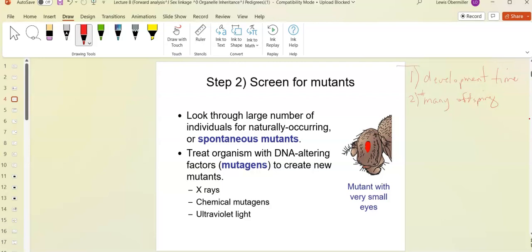So to study humans, we have to construct pedigrees over many generations to try to figure out if this is something that runs in families, and then what is the mode of inheritance? Because we can't just look at 100 offspring and then see, okay, yeah, there's a mutant here in this human family.